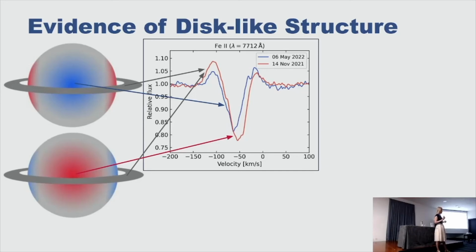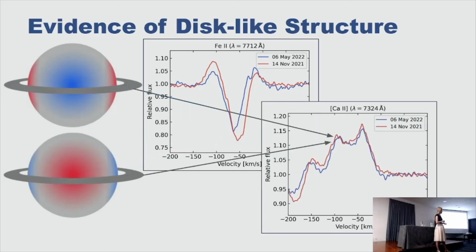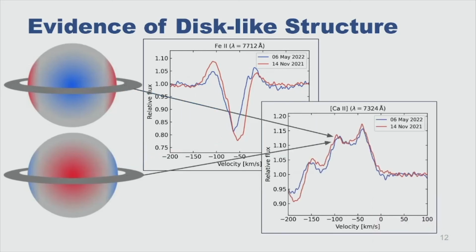And another interesting line is the forbidden calcium line. So this line also is not changing based on the pulsations. There is a bit of a blend on this side because this is another ionized iron line that is somewhat influencing that one.